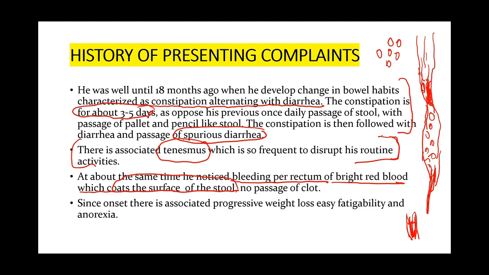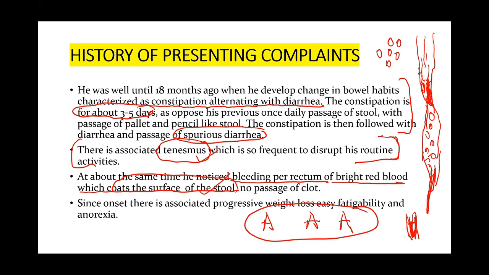Tenesmus has localized it to the rectum, coating the surface of the stool means it has not gotten enough time to mix with the stool, so it's likely a rectal tumor. Since onset of these symptoms, there is associated weight loss, asthenia, easy fatigability caused by anemia, and anorexia, the 3 A's of malignancy.